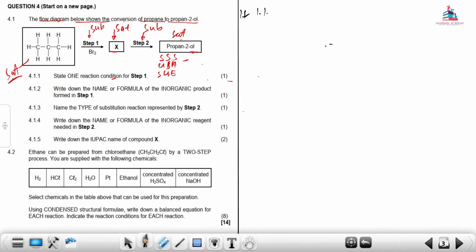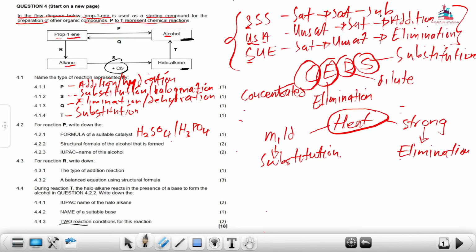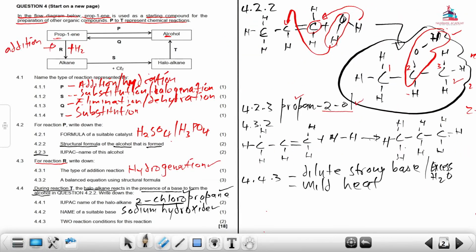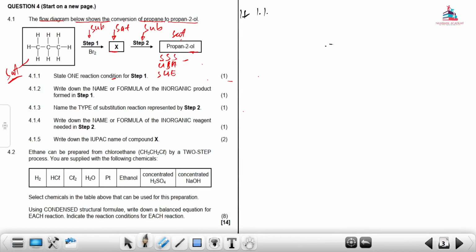Now, one other thing is the conditions. The conditions, we said if it's substitution, it must be mild heat. That is very, very important. One condition also must be a dilute strong base. We must remember that. So state 1 reaction condition for step 1. Step 1, it's substitution, so it's easy.